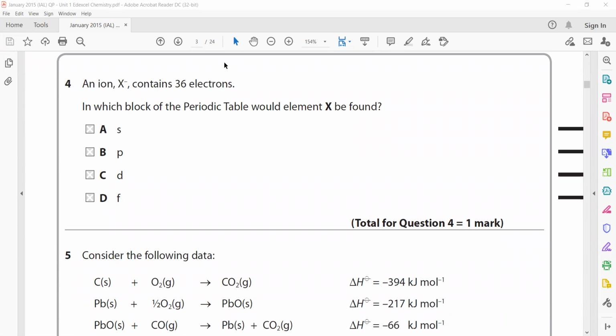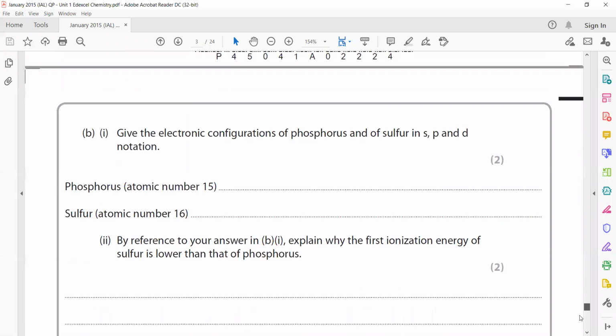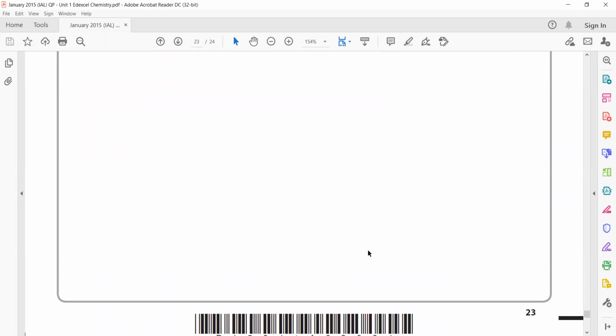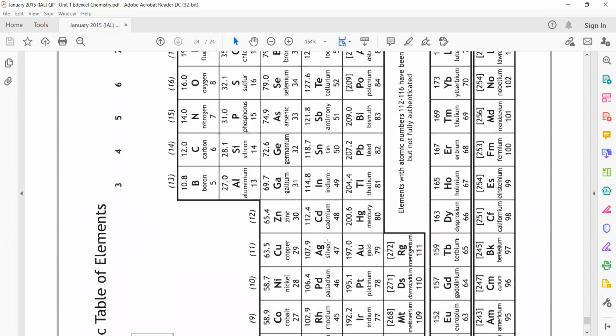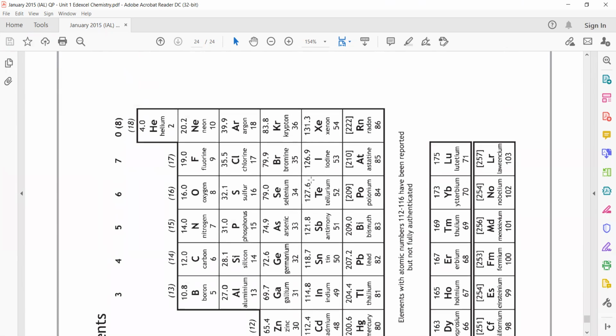An ion X contains 36 electrons. So a negative charge is there, meaning it has one extra electron. So the normal atom will have 35 electrons, or atomic number 35. You can use a periodic table, atomic number 35, to find the element and the region where it belongs, because group 1 and 2 are S block elements.